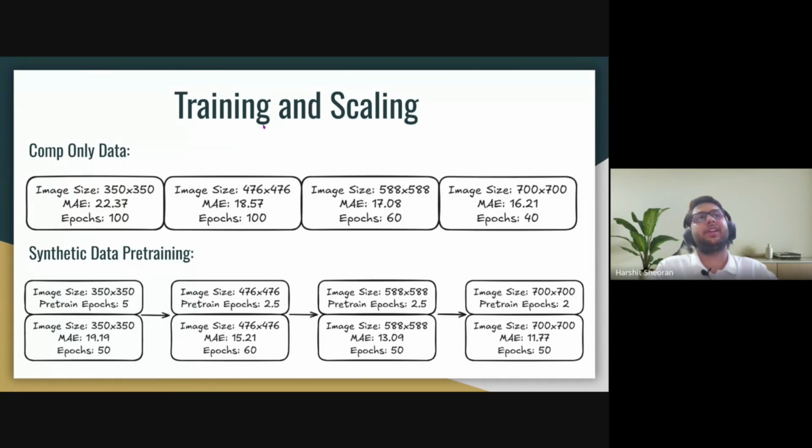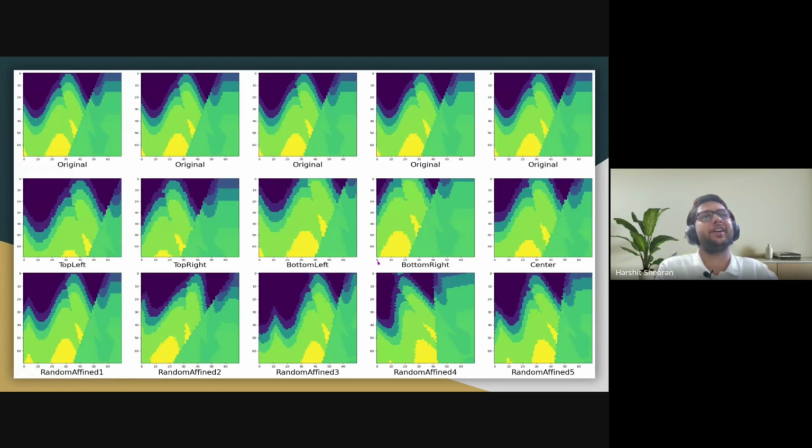So training and scaling: this is the same image you saw from the previous one, but down here is a similar training, but with the synthetic data pre-training. So instead of adding it directly into training, I actually pre-train on the dataset that I made here.